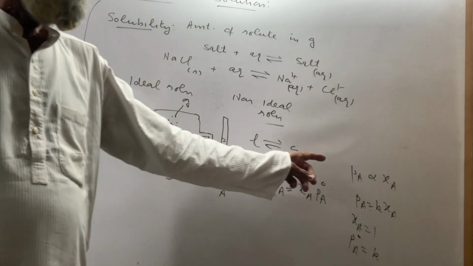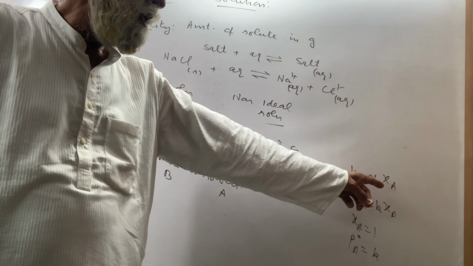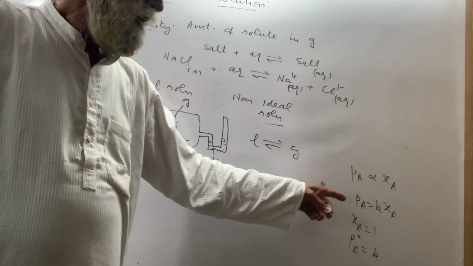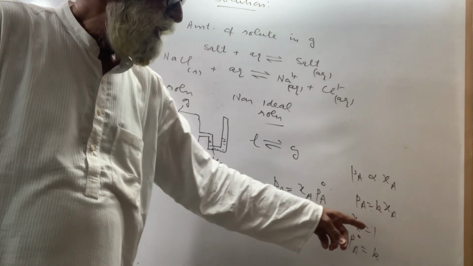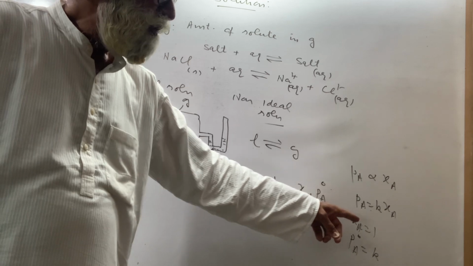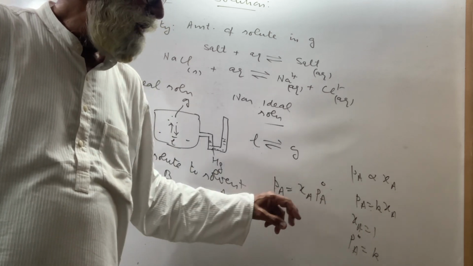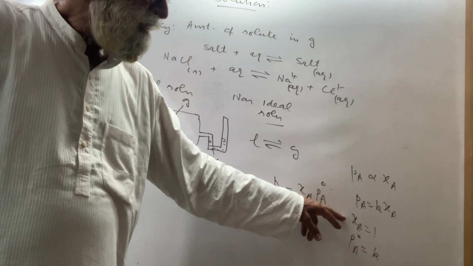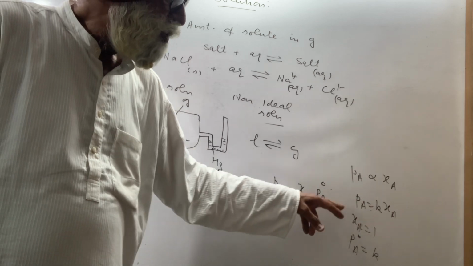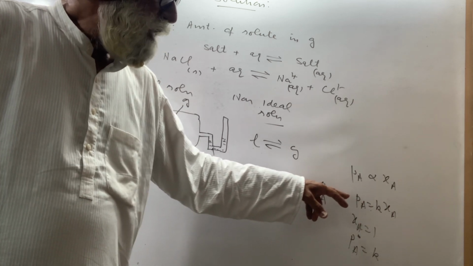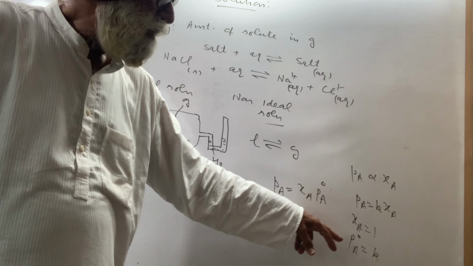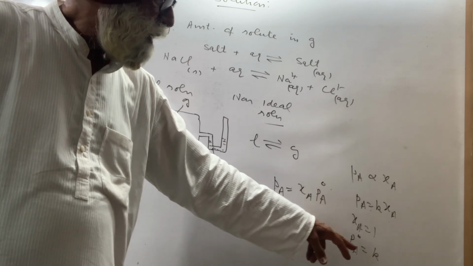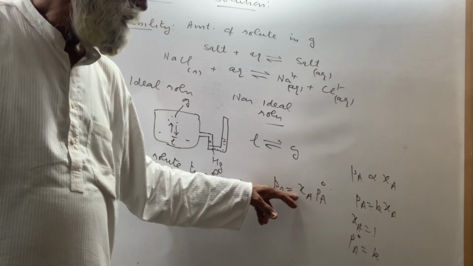So vapor pressure in solution is proportional to its mole fraction. Here it is the sign of proportionality. Now if XA is equal to 1, it means only one component is present. So K will be equal to PA. Now only A is present, so this will be referred to as PA naught. So put the value of K, and naturally you will be getting this formula.